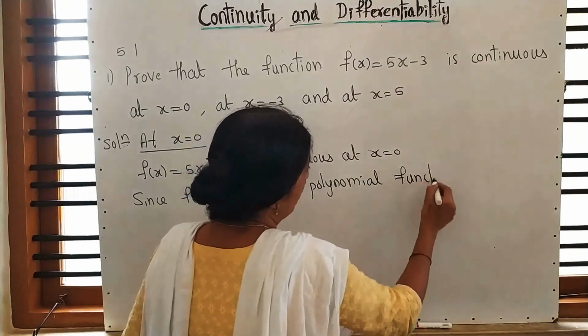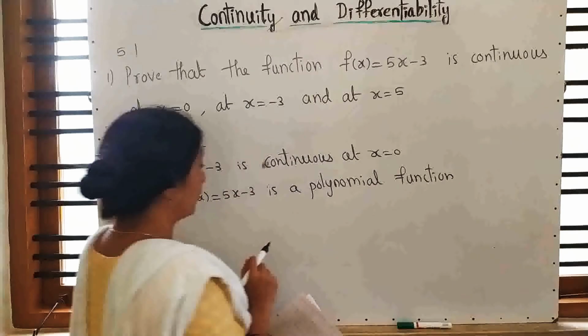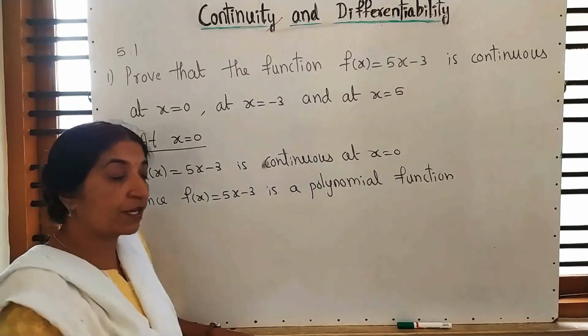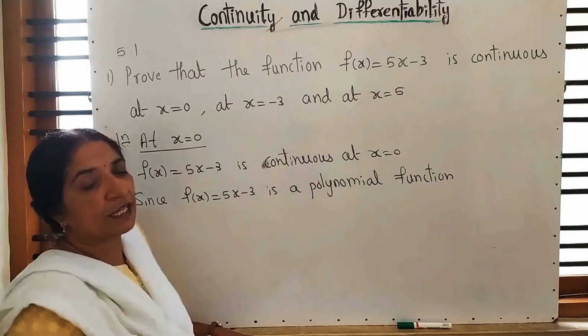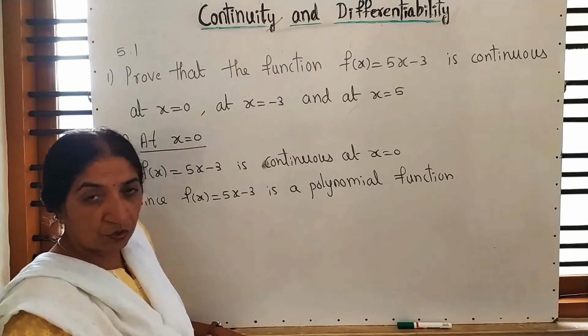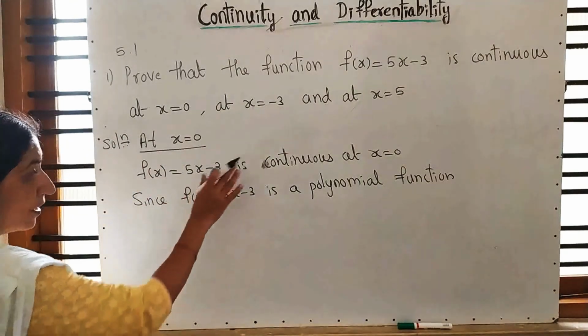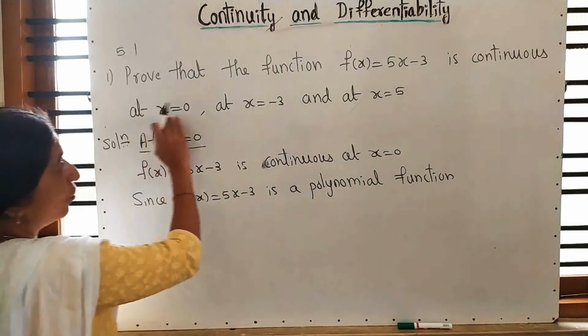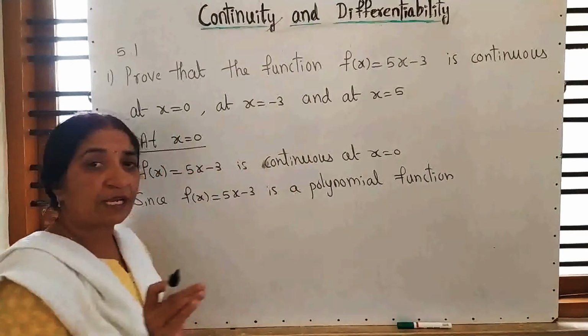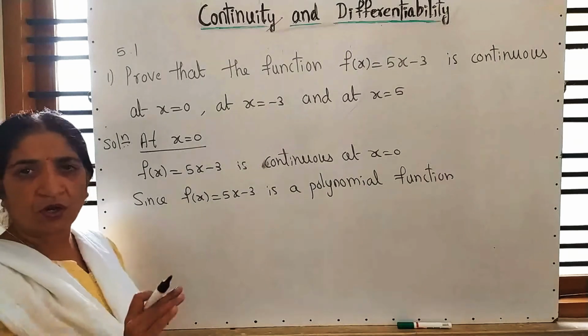Every polynomial function is continuous everywhere, so in particular we are taking it at x equal to 0. Understood? If you write only this much, that is also correct, they will give you 1 mark. This is only for 1 mark. Out of these 3 points, they will ask only 1 point for 1 mark, not all 3.